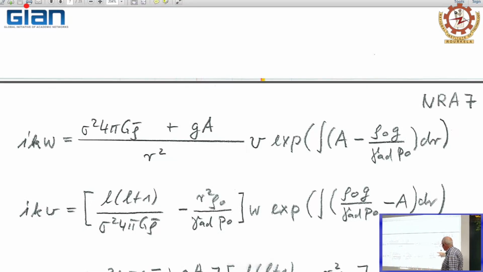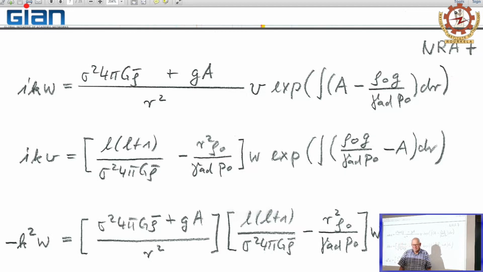Now, I would like to remind you that these two exponentials are... for V in the upper equation, multiply the whole thing with ik, and then after some elementary algebra, these two exponentials cancel because they are the inverse of each other.